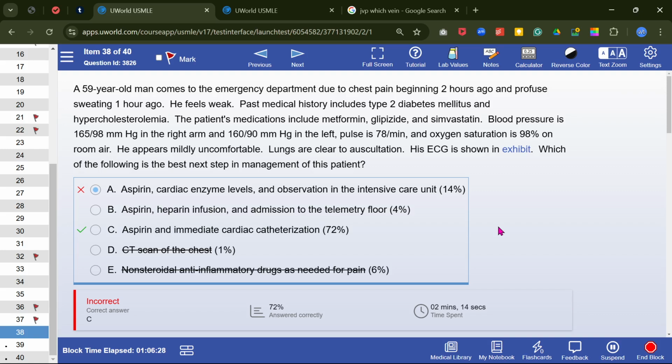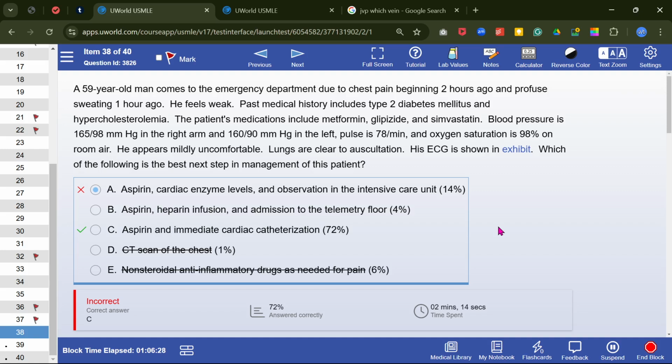Because most of the patients I have seen in the cardiology department, you give aspirin, you give the loading dose of aspirin, clopidogrel, and you give atorvastatin. The patient actually improves within a minute.